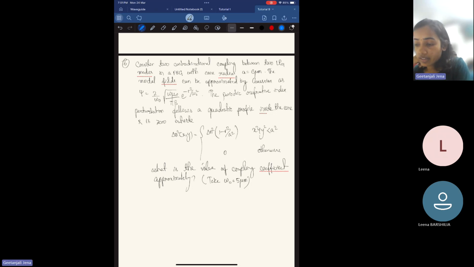Consider contradirectional coupling between two LP01 modes in a fiber Bragg grating with core radius a of 6 micrometer.